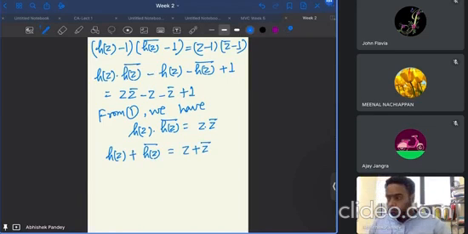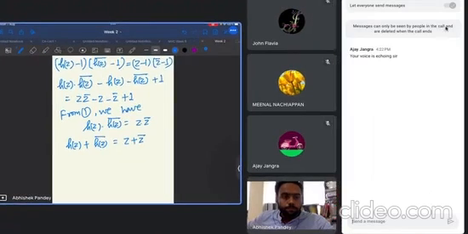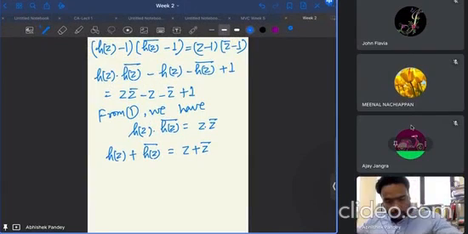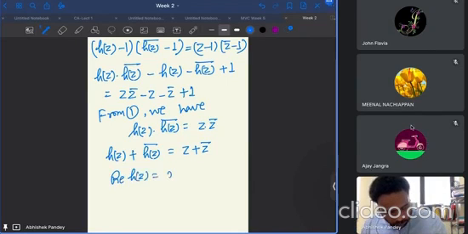Okay, so what does it mean? Can you tell me? This will be real part of h(z) equals real part of z.